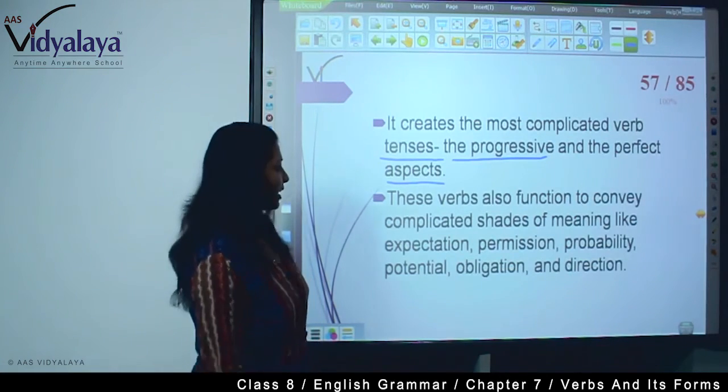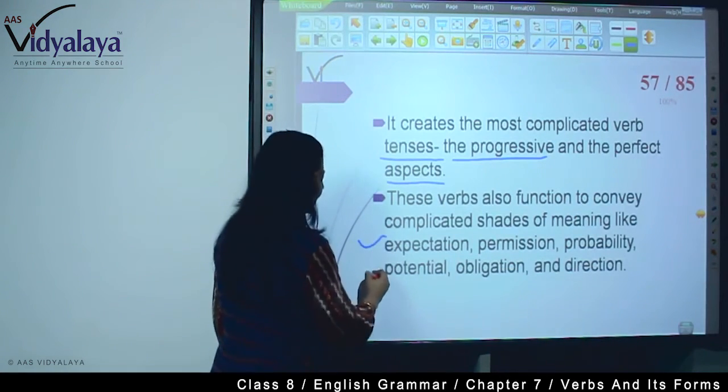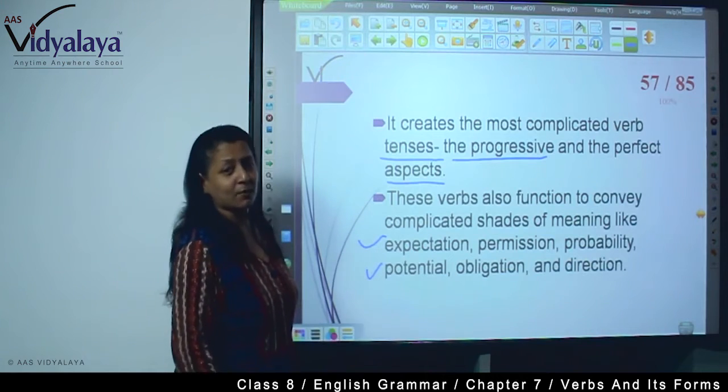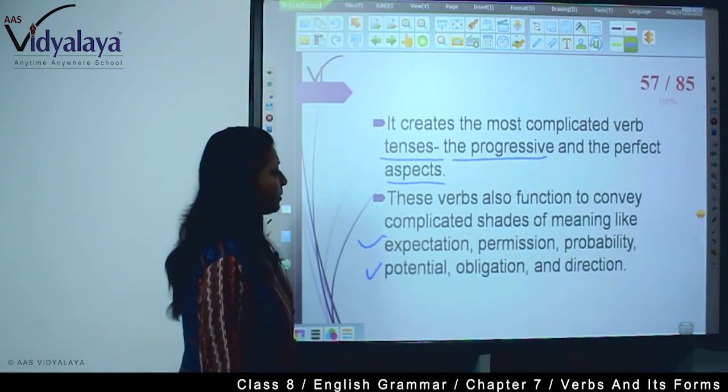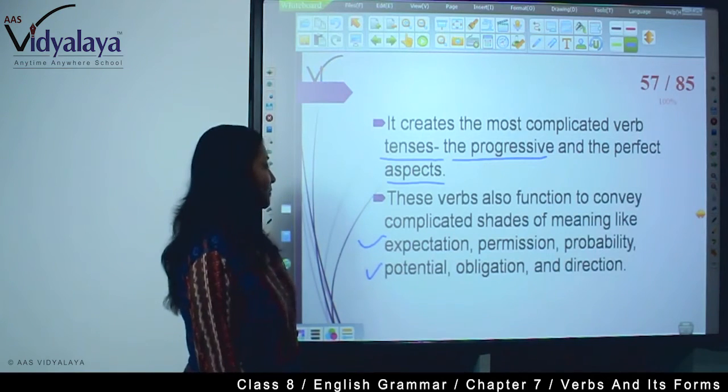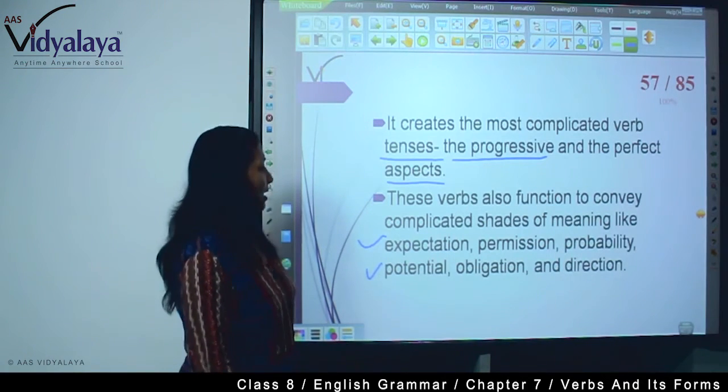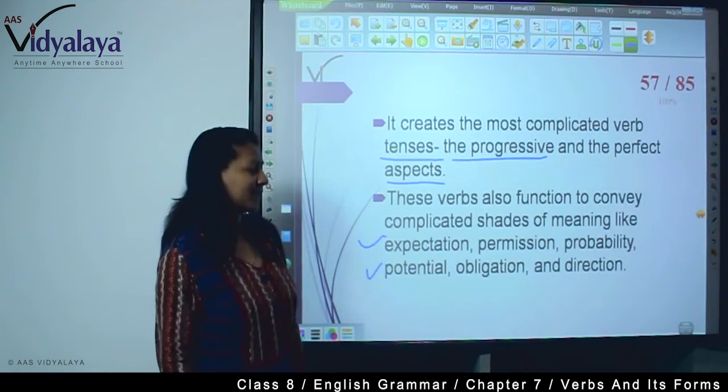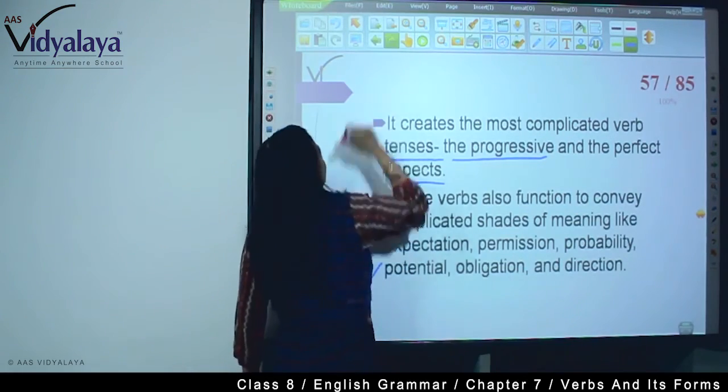Without a helping verb, you cannot make clear the feelings, the meanings of these emotions, right? Permission, may I come in, right? Like that. Expectations, probability, potential, obligation and direction.